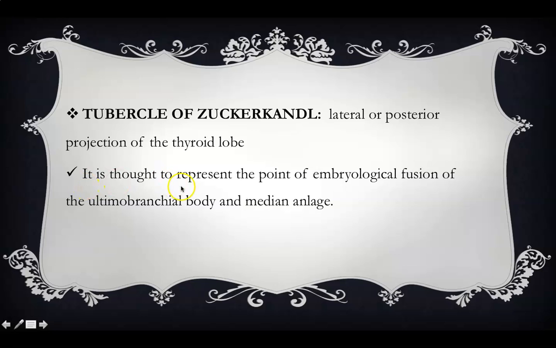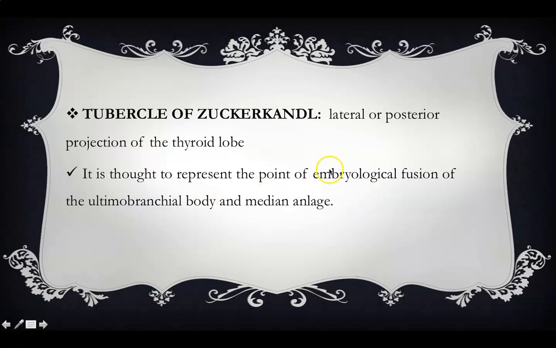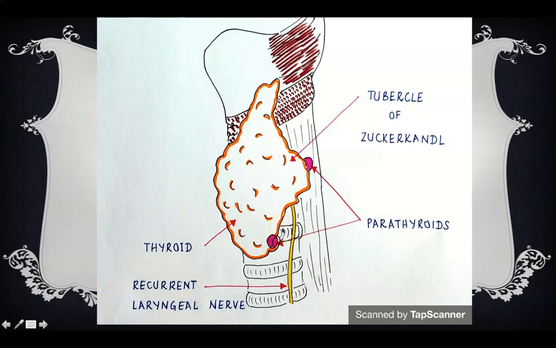It is thought to represent the point of embryonic fusion of the ultimobranchial body and the median anlage. The median anlage is basically the thing from which the thyroid forms. And we have seen the role of the ultimobranchial body in the development of the parathyroid. So it is considered to be the embryological fusion of the ultimobranchial body and the median anlage.